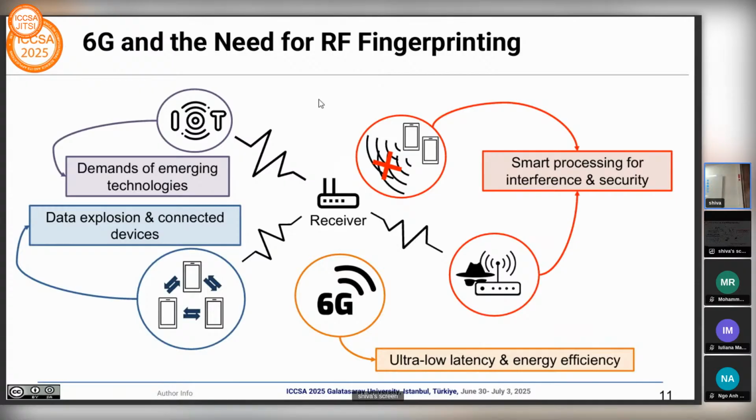We have devices that, for some reason, need to communicate but are not able to communicate. We have some devices that are not allowed, and they try to interfere and present security threats. And we also want to ensure the efficiency of communication. So that's why all this leads to the need for RF fingerprinting.